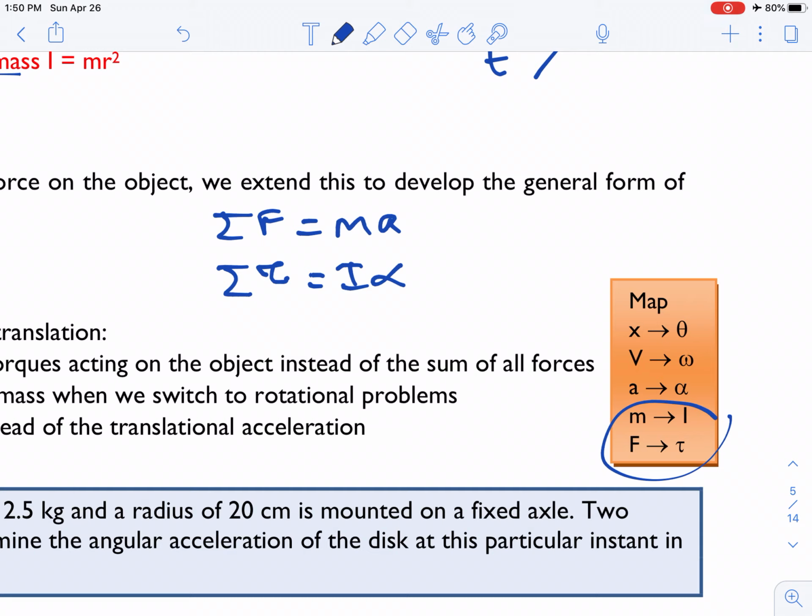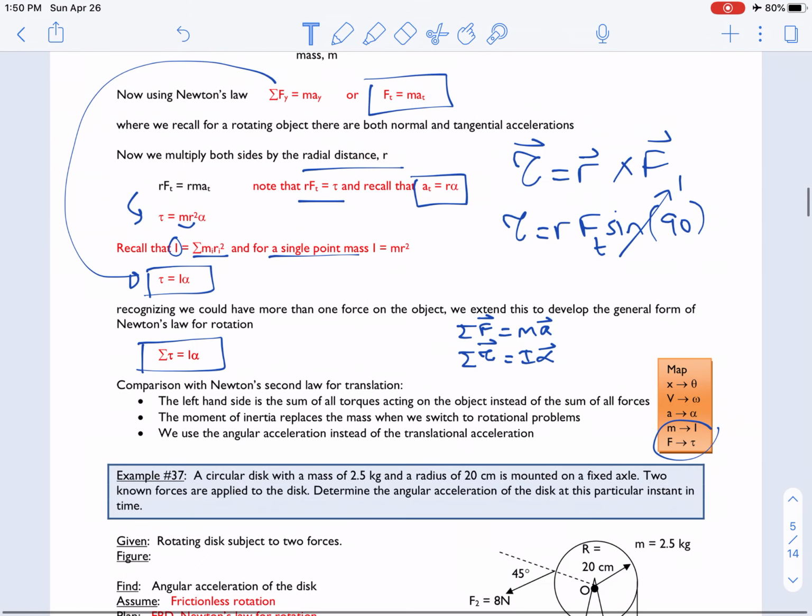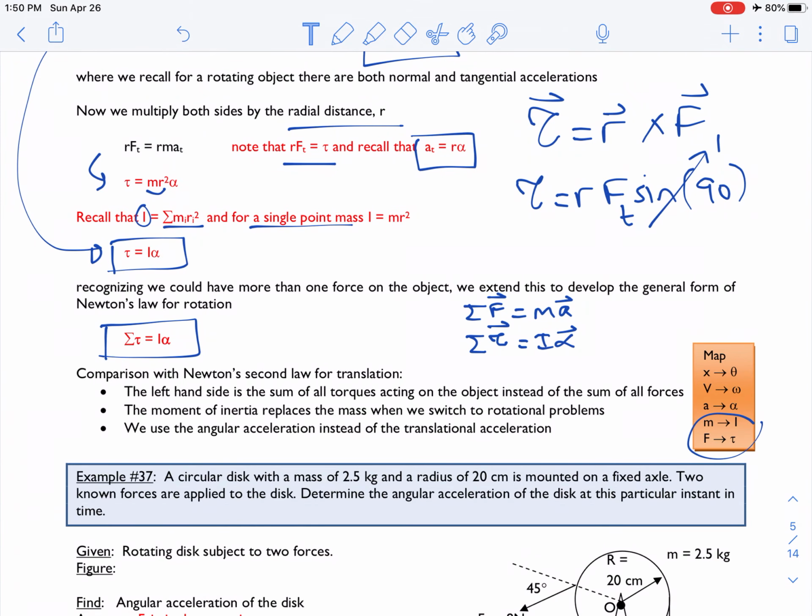Okay, and once again, force and acceleration are vectors, and torque and angular acceleration are also vectors. Most of the time we don't put the vector signs on the torque equation because we're doing simple stuff, and alpha is going to have only one direction, so you don't have to worry about splitting into components as we did with the force.